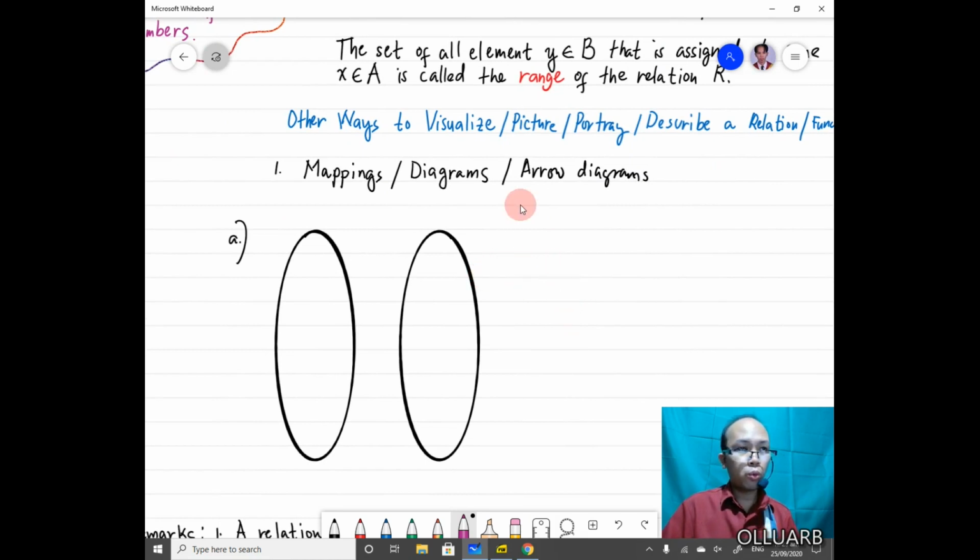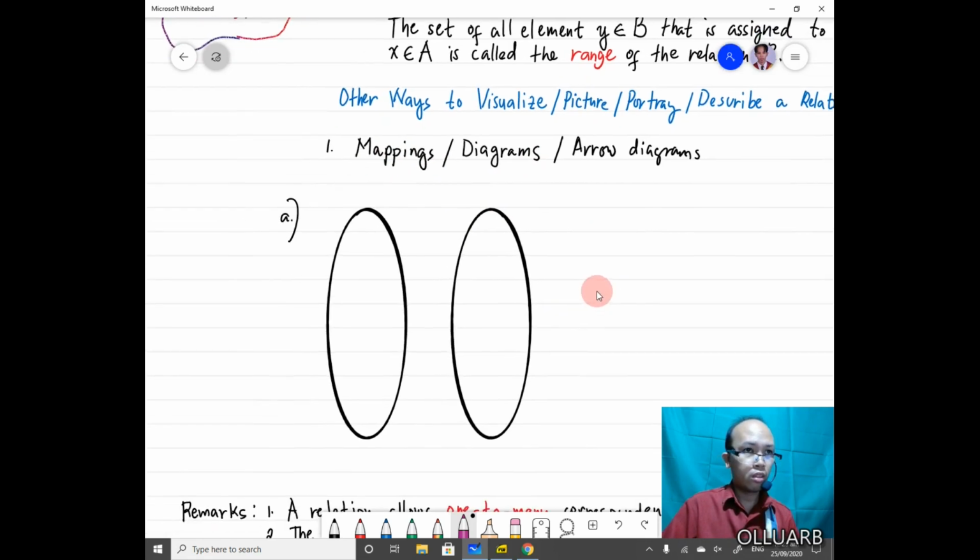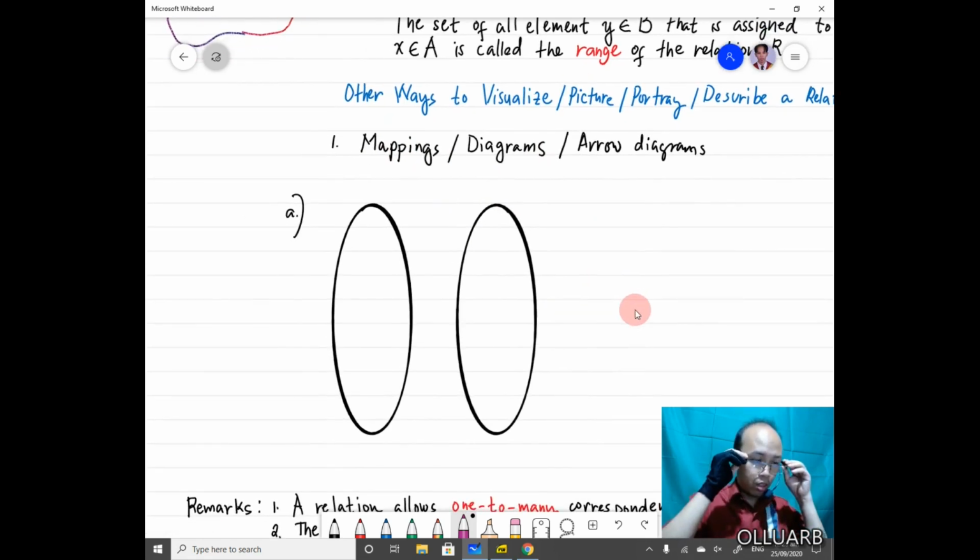When you try to visualize or describe a relation using mappings or diagrams, it is usually written in this form.